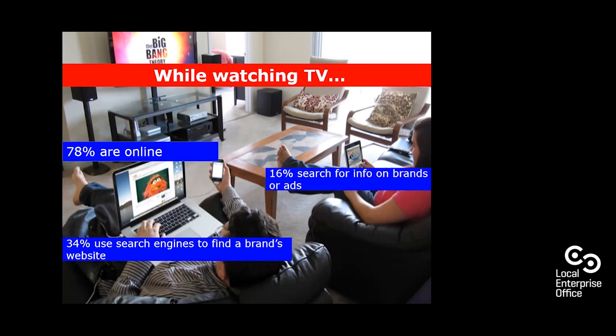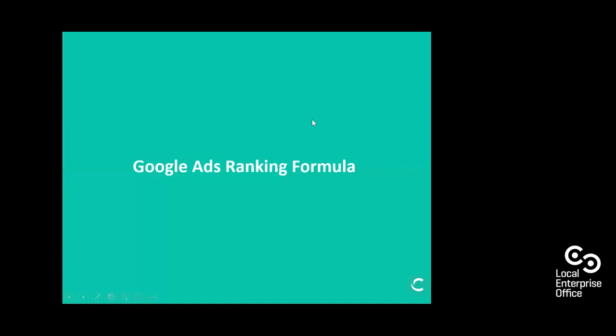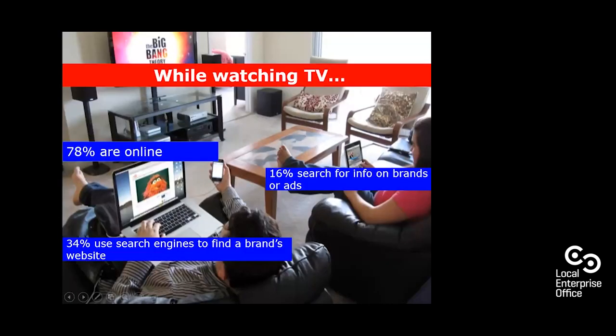So in other words, they might be served an ad during the break in their favorite TV program, and they'll go and look at that particular brand or business's website as a result. And 16% have searched for info on brands or ads.